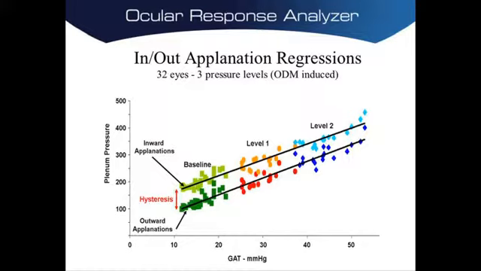We did a third test where we pushed on the sclera a little bit harder, raised the intraocular pressure even more. So what we have now is the same corneas, and we're measuring their intraocular pressure and their corneal hysteresis at 3 different pressure levels: baseline, elevated pressure level 1, and elevated pressure level 2.